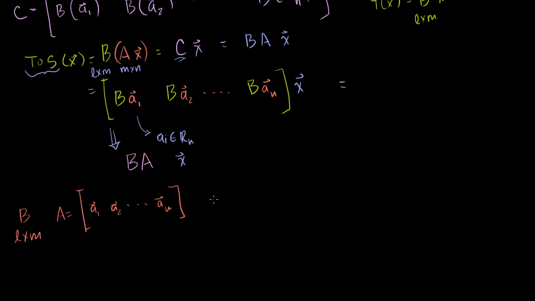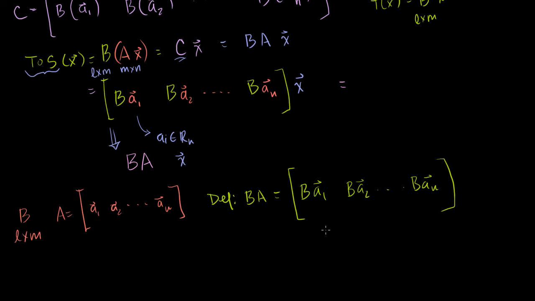Then we are going to define the product BA. So this is a definition. We're going to define the product BA as being equal to the matrix B times each of the column vectors of A. So it's B times A1, that's going to be its first column. This is going to be B times A2, all the way to B times AN.